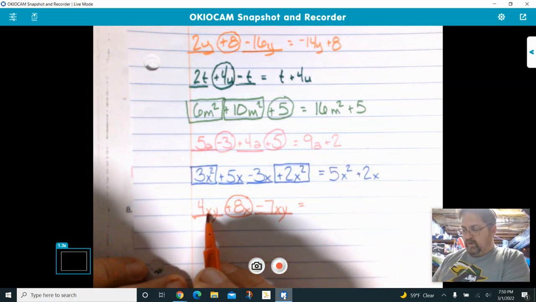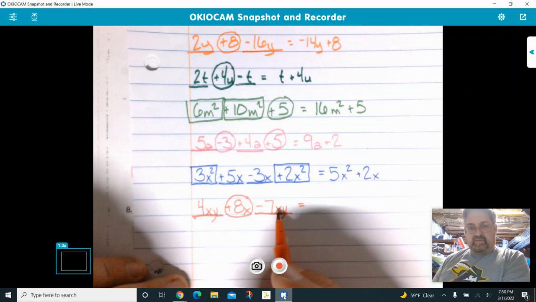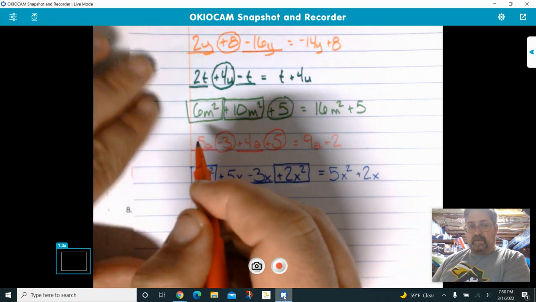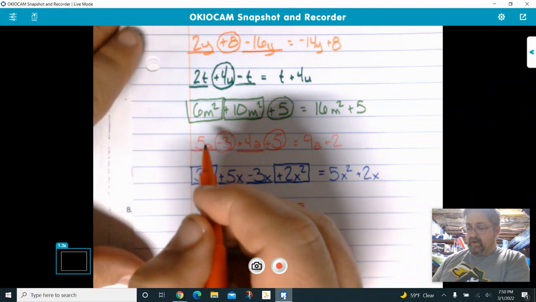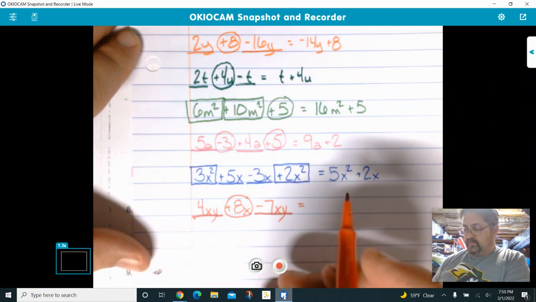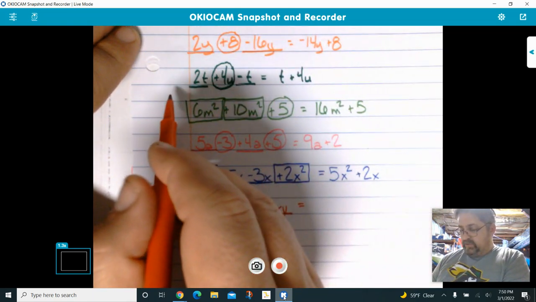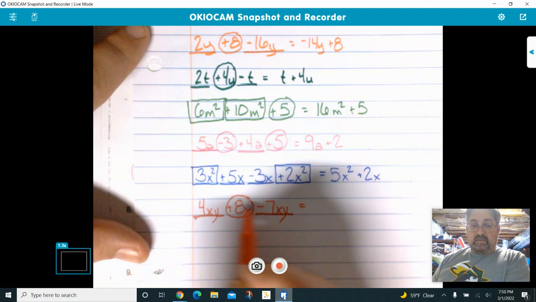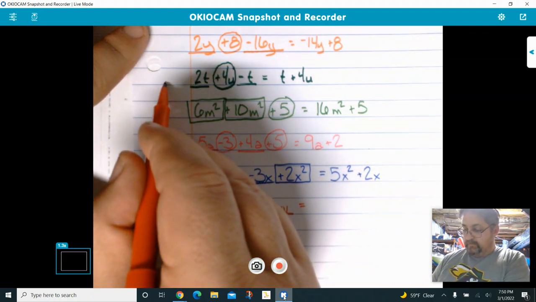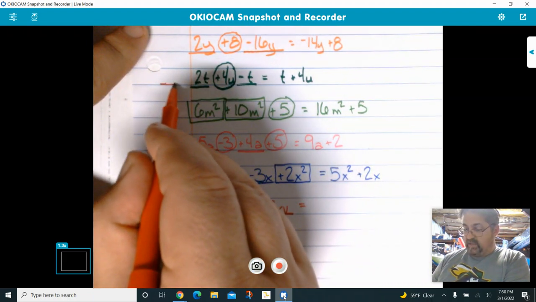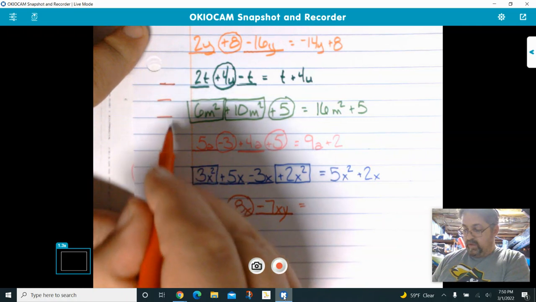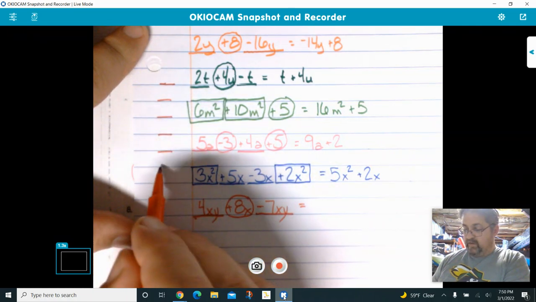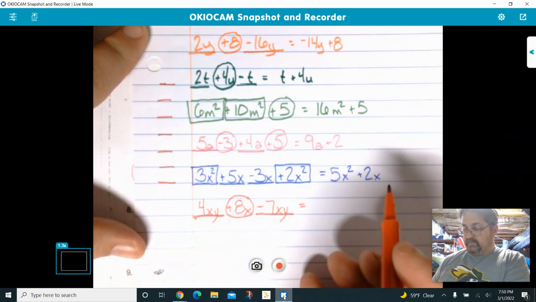So I'm going to start with 4, take away 7. I don't have a number line here on this page, so I am going to make my own. Since I'm taking away 7, I'm going to make 7 lines. 1, 2, 3, 4, 5, 6, 7 lines.